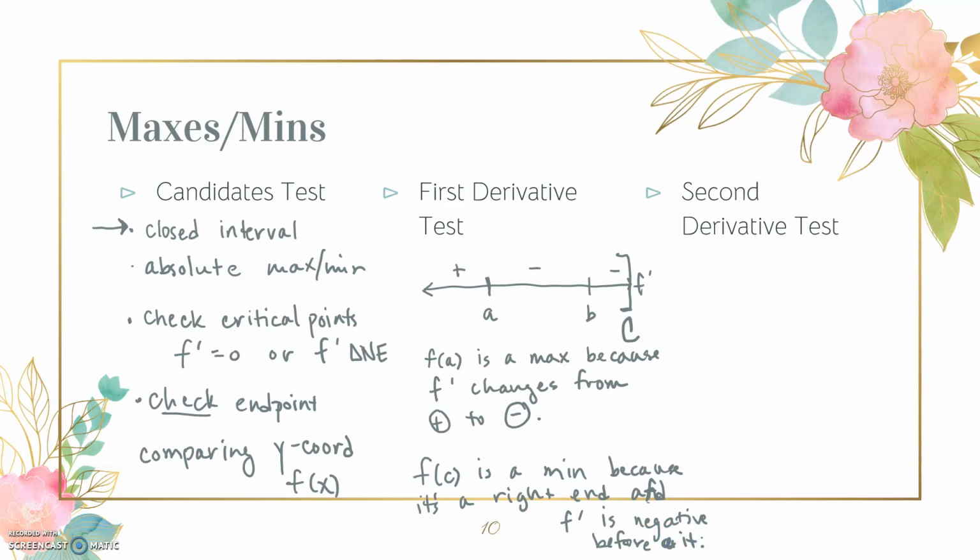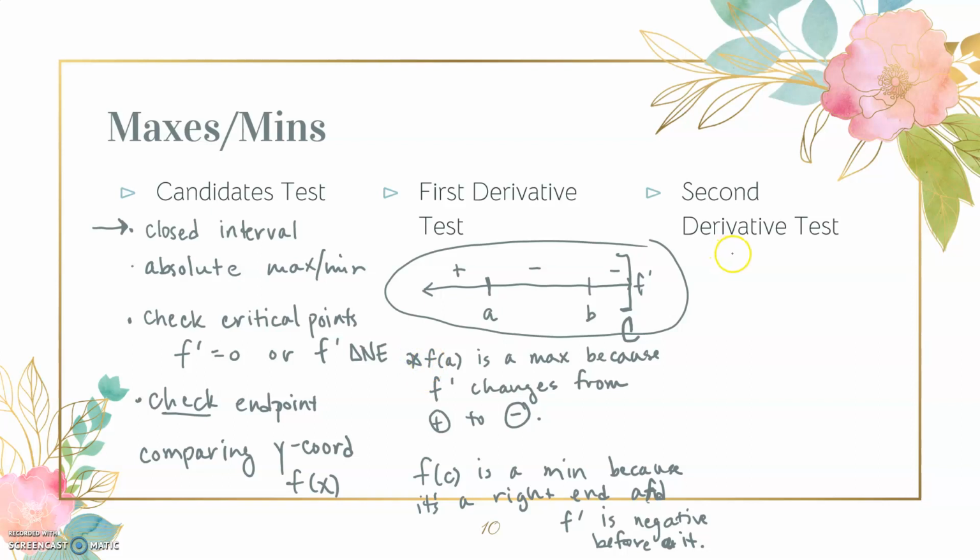So that's the first derivative test. This part right here is your work. It's totally cool to have that work there. Your AP reader will not use that as a justification. They will look at it as being there, but they will not give you points for it. So you want to make sure you use the language.